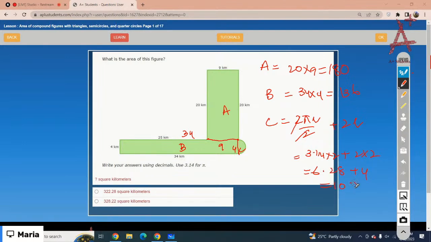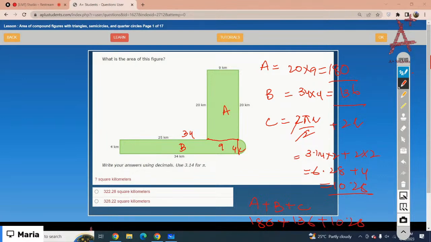That would be 10.28. So to calculate the total area, you have to add up all the three areas. Just add area of A, B, and C. 180 plus 136 plus 10.28. Let me just add.